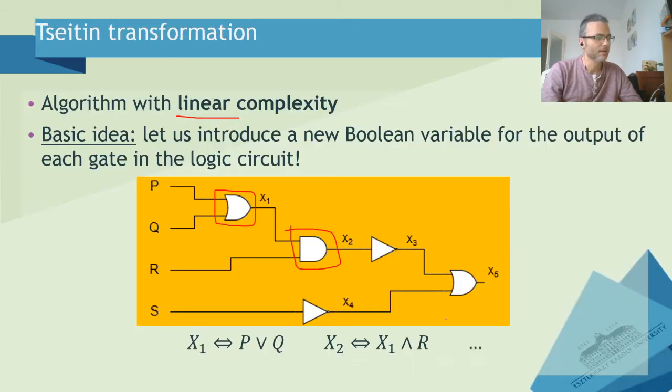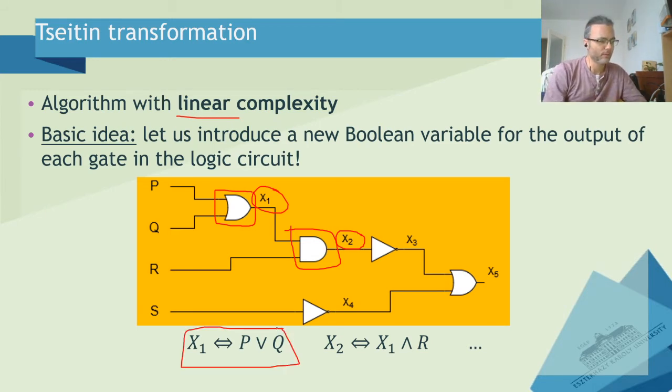Anyway, so you take all your gates and introduce brand new variables that represent the outputs of those gates. So for example, I introduce x1 to represent the output of this OR gate. And this is what I do: I give a definition of x1. x1 is defined as P or Q, right?